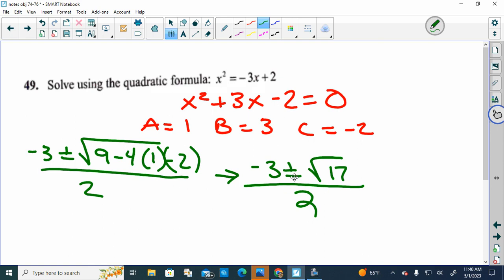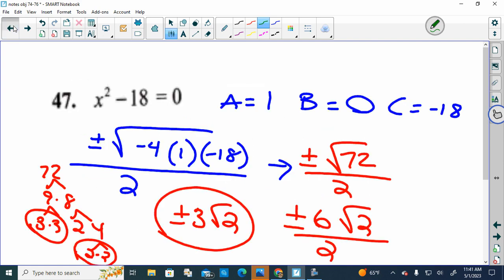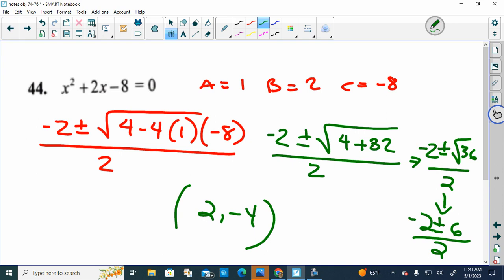That's that positive and negative. You don't need to write them separately. Don't write it as negative 3 plus root 17 over 2, negative 3 minus root 17 over 2. Don't do that. So that plus and minus, if that's there, you're going to get your 2 points. The other ones that you can actually simplify down, like these ones, that's where you get your 2 points. It's from those two answers.